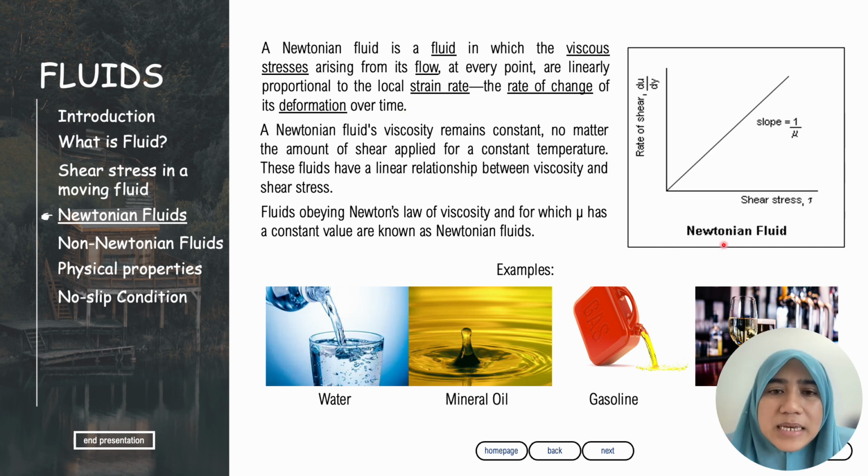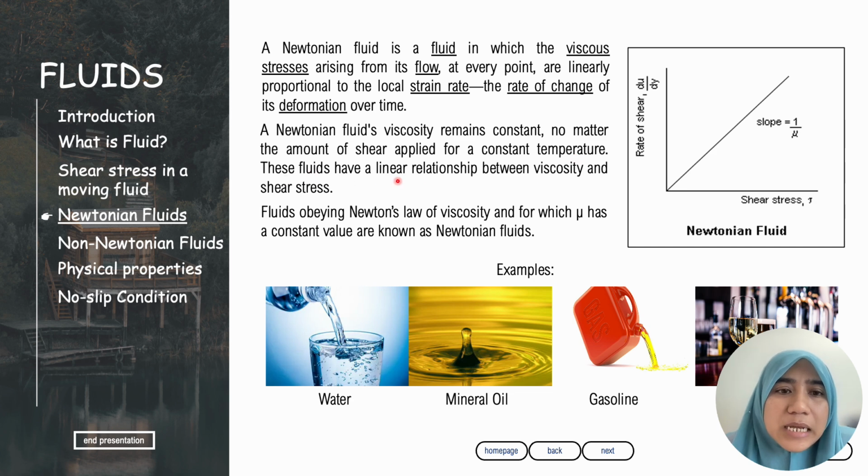So you can see here the graph between the rate of shear and the shear stress. Here we will have the slope, which represents our Newtonian liquids. A Newtonian fluid's viscosity will remain constant no matter the amount of shear applied, for constant temperature.